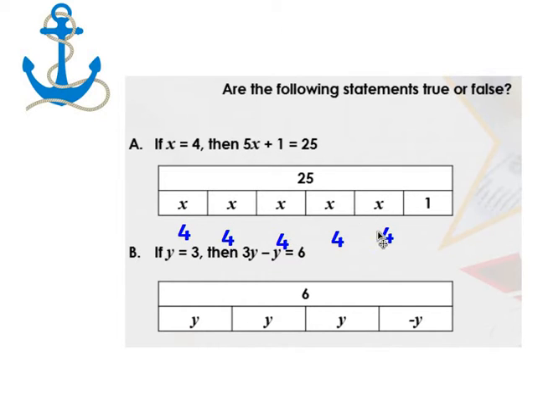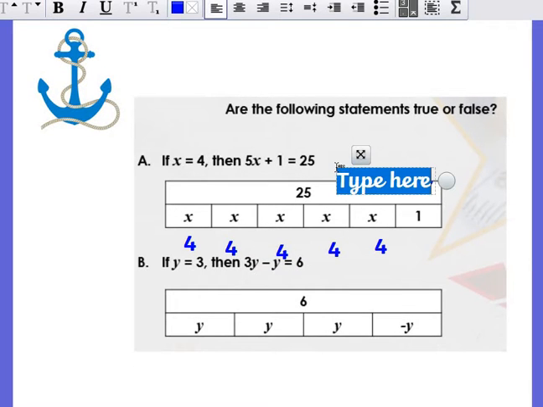Plus 1 equals 25. Well, 4 times 5: 4, 8, 12, 16, 20. Add 1 is 21. So that top statement is false.